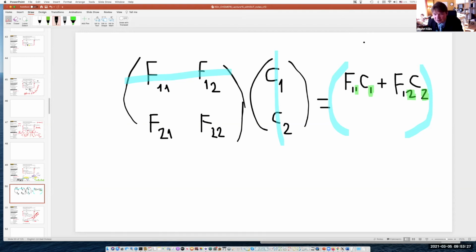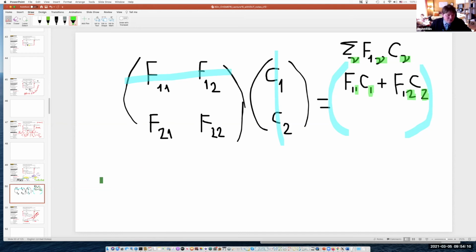It is F sub 1 mu, C sub mu, summation over mu, right? So the second index of the matrix and the index of the vector do coincide, right? So an expression with summation, a 2-index object and a 1-index object, corresponds to matrix by vector multiplication, right?